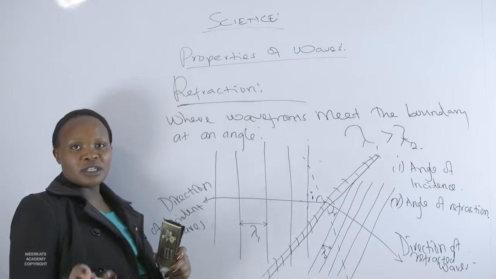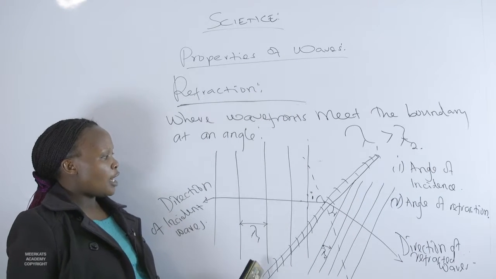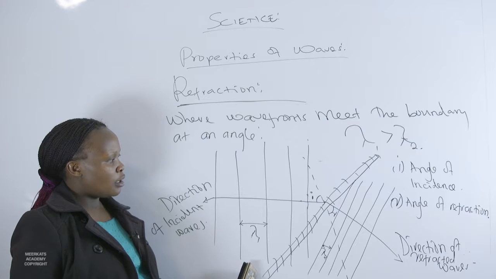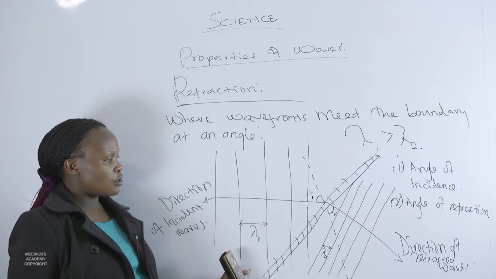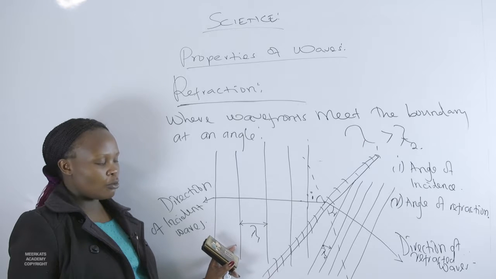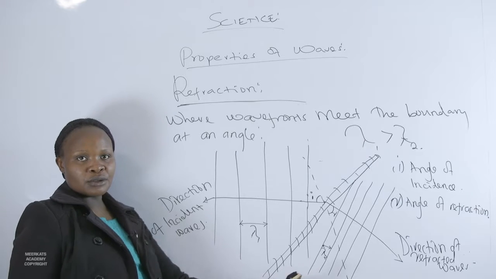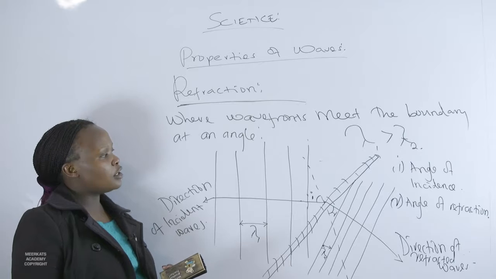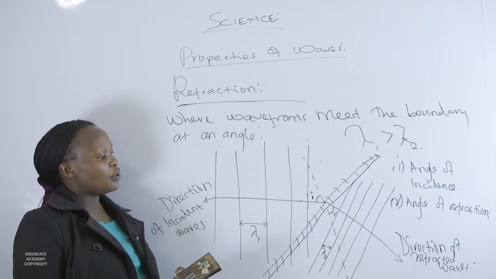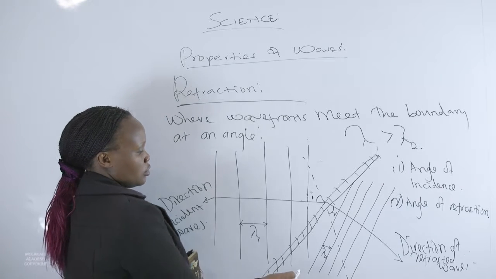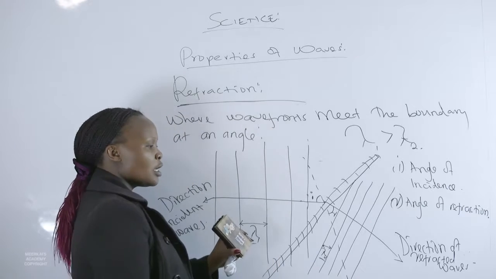It is because of that reduction in speed as we cross from medium 1 to medium 2. We have that reduction in speed, which will translate to reduction in the wavelengths.